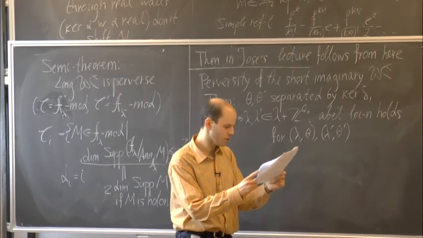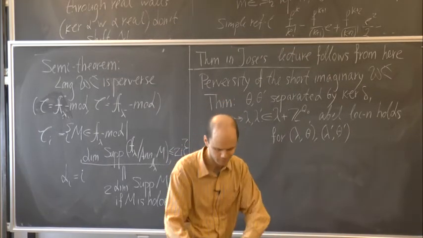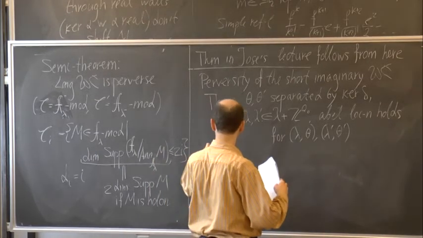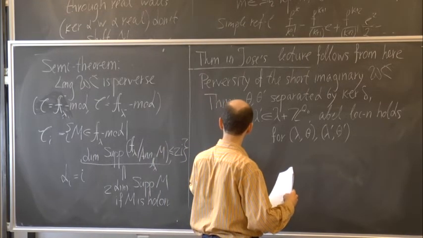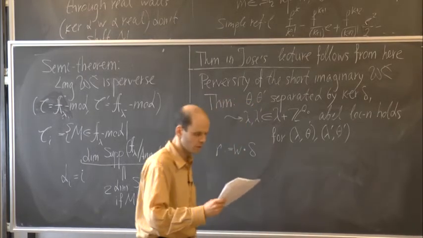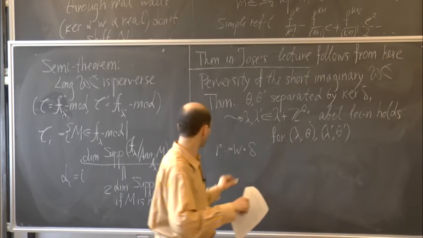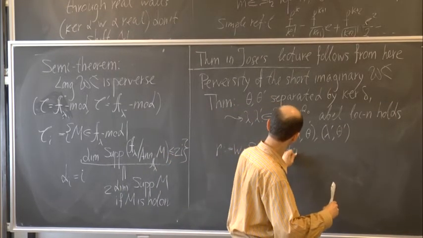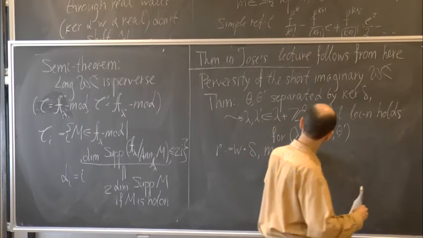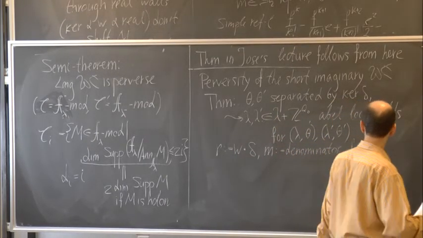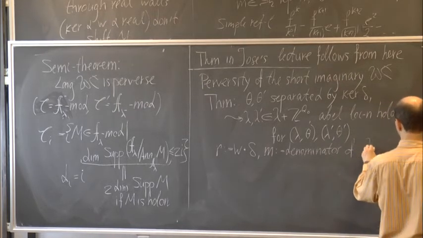Now the notation I need is the following. I will need the number r, which is w dot delta. And I will need the number m, which is the denominator of the pairing of lambda with delta.